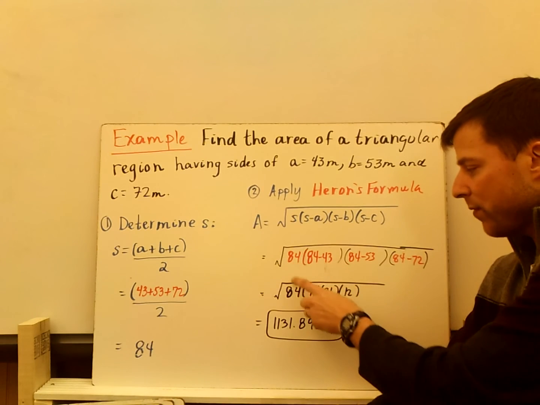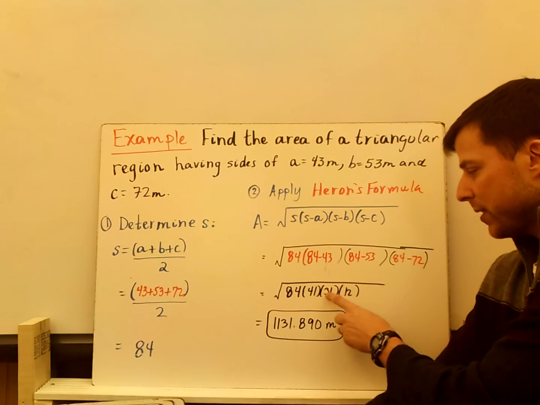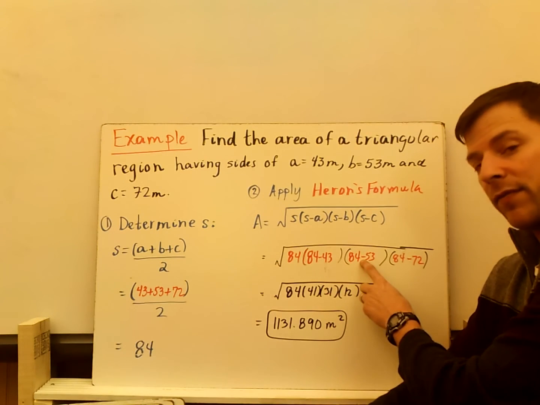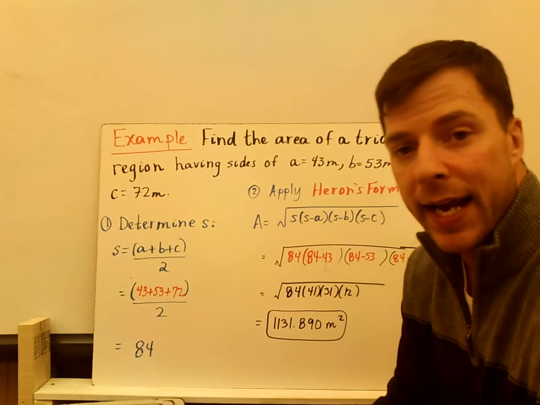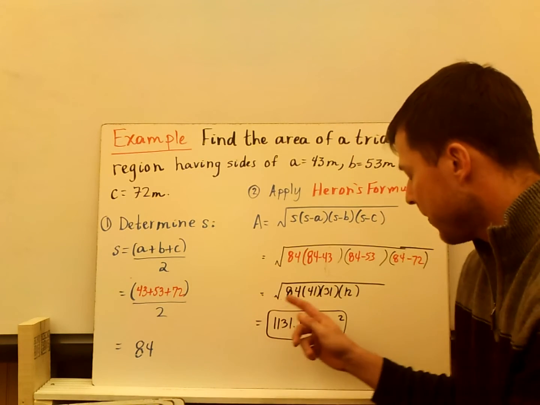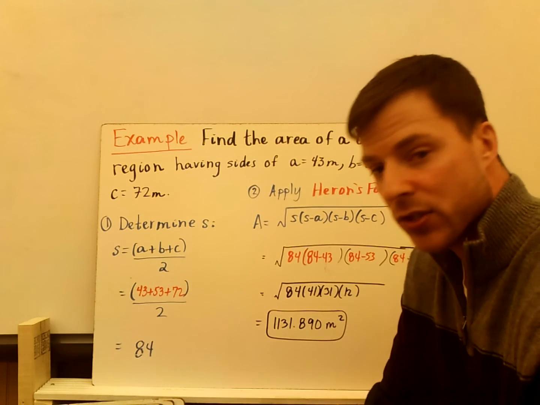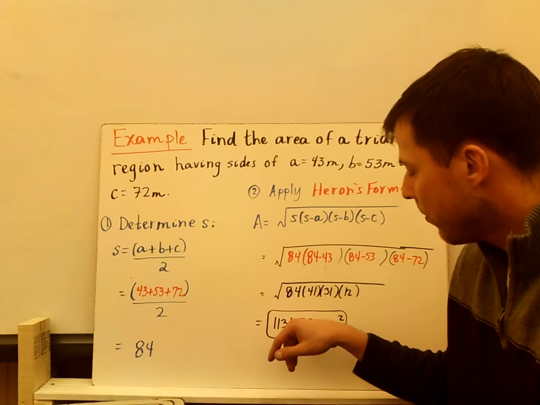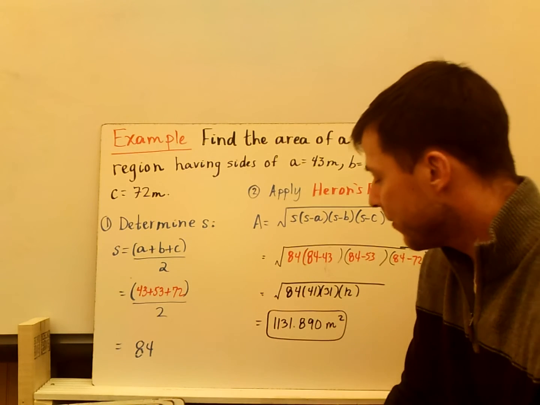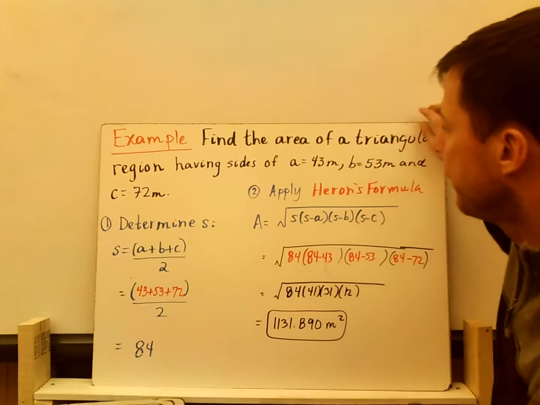And so I get 84 times 41, which is the difference of 84 and 43, times 31, which is the difference of 84 and 53, times 12, which is the difference of 84 and 72. When I multiply all that out and take the square root of that, I get approximately 1,131.890 meters squared. Okay, so that's the area using Heron's formula.